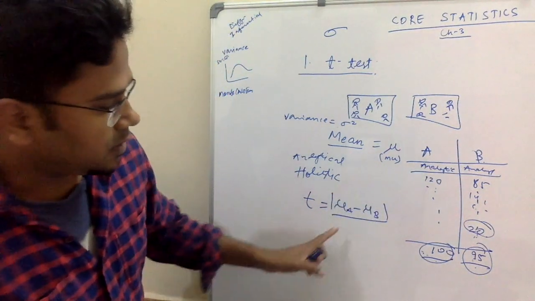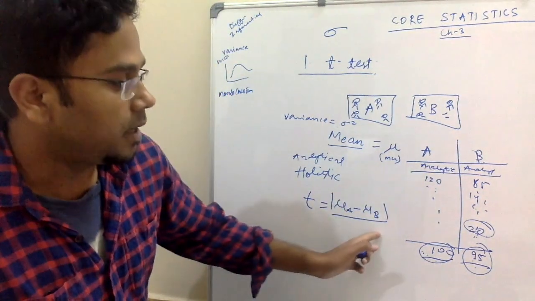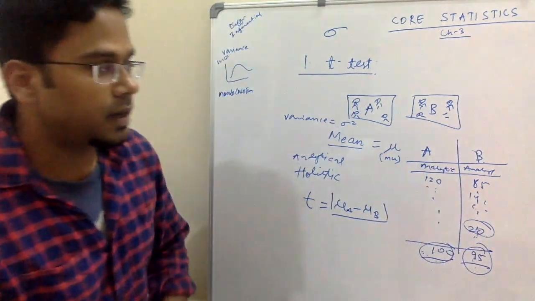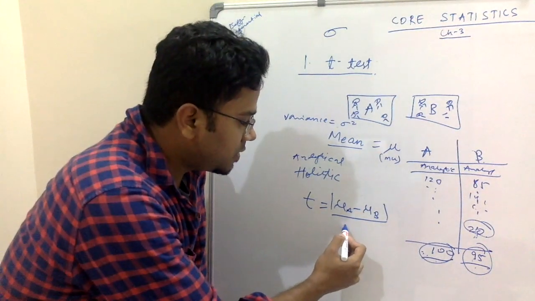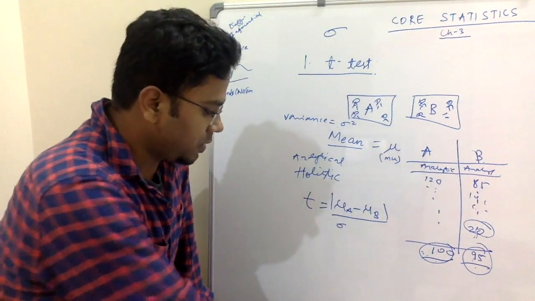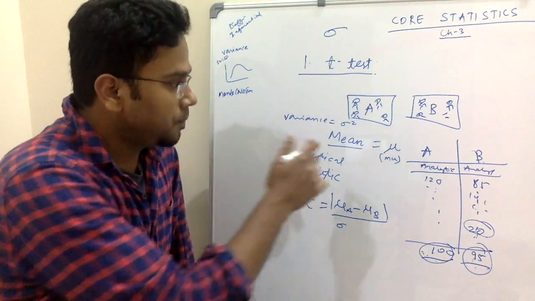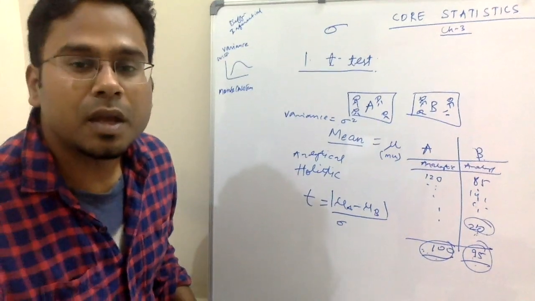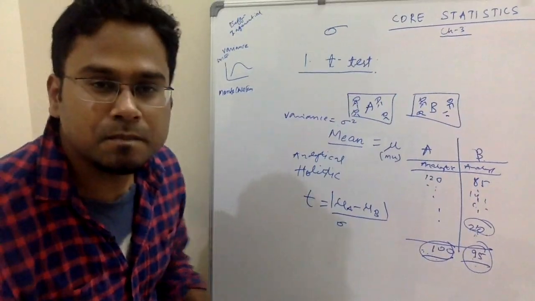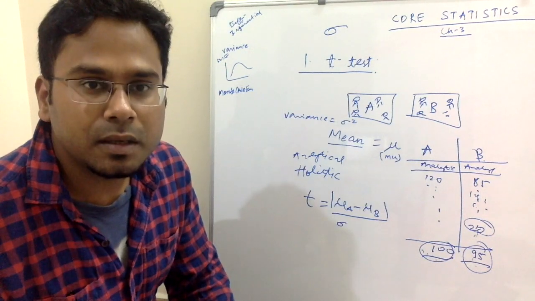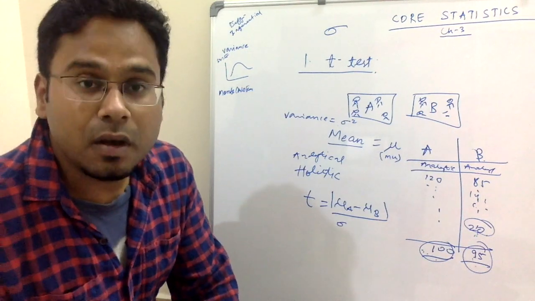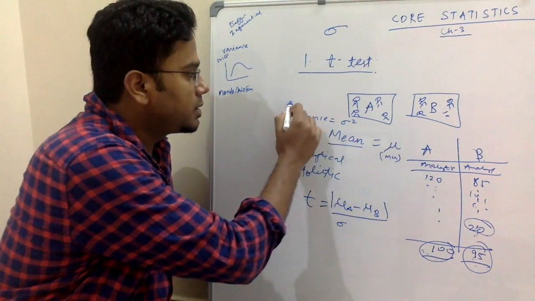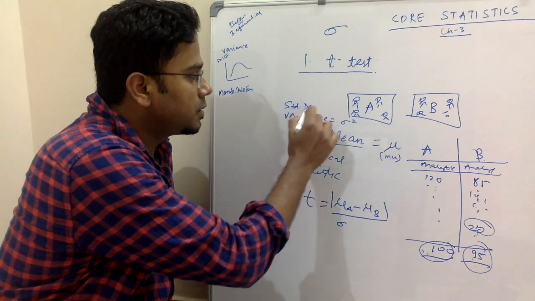So mu A minus mu B is divided by the variations within these two. I told you variance is denoted by sigma square. This is a square of something, and that something is your standard deviation. So variance is sigma square and standard deviation is your sigma.